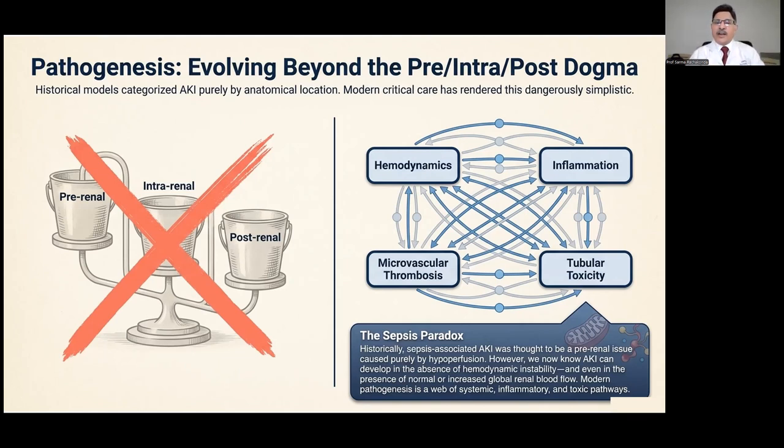It's not like that. Now, in the septic patient, AKI develops in addition to hypotension because of hemodynamic instability, even in the presence of increased or normal blood flow. So, the modern pathogenesis is a web of systemic, inflammatory, and toxic pathways. Hemodynamic, inflammatory, toxic pathways, and microvascular thrombosis together can produce this pathogenesis.